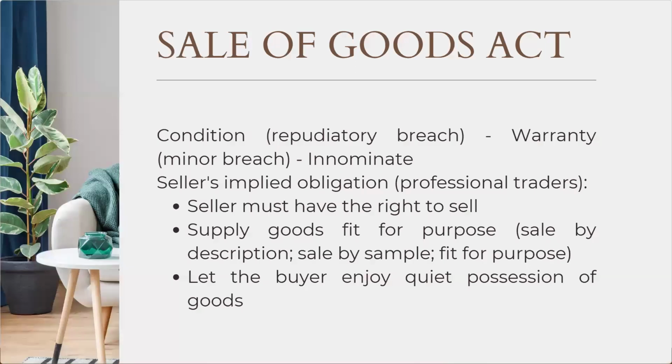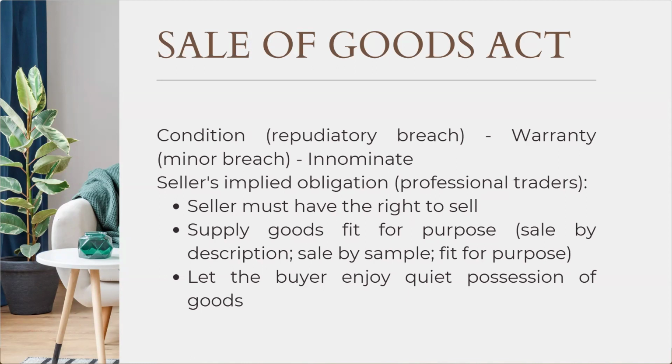The Sale of Goods Act established the basic obligations for the buyer and the seller under a contract for sale. Under this act, they distinguish between condition, warranty, and innominate terms. This will be elaborated further in L4M3.